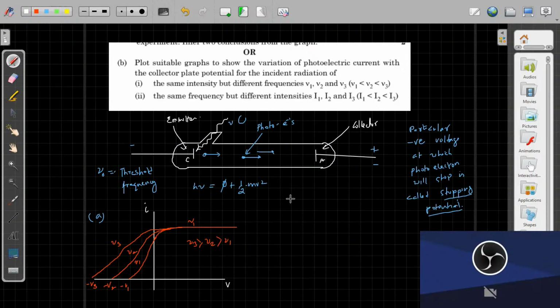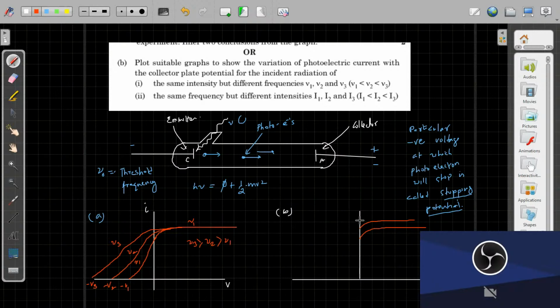Let us see the second one. The second question asks for the same frequency but different intensities. I'll keep the frequency the same. With the increase in intensity, first the current will increase and then become constant, saturated. That is for I1. Similarly for I2, first it increases, then becomes constant.